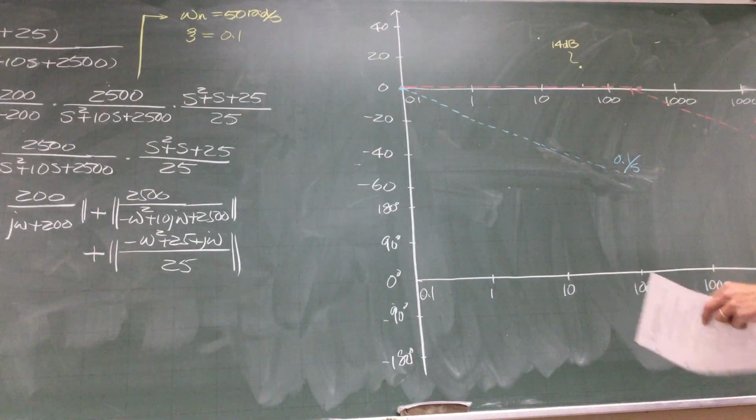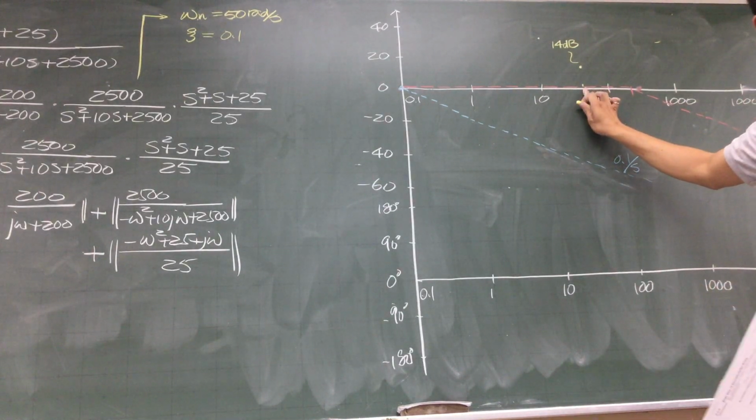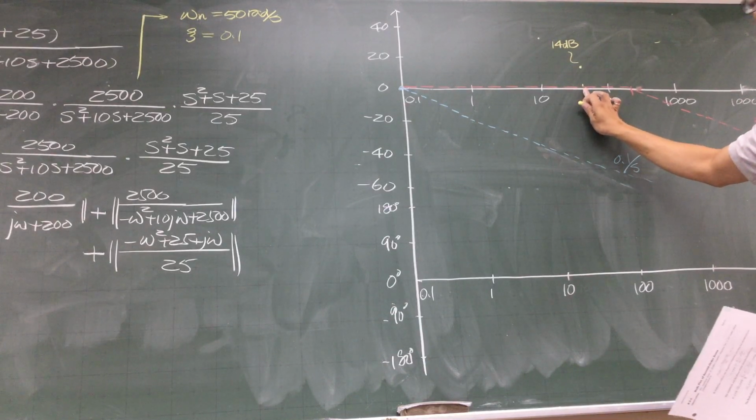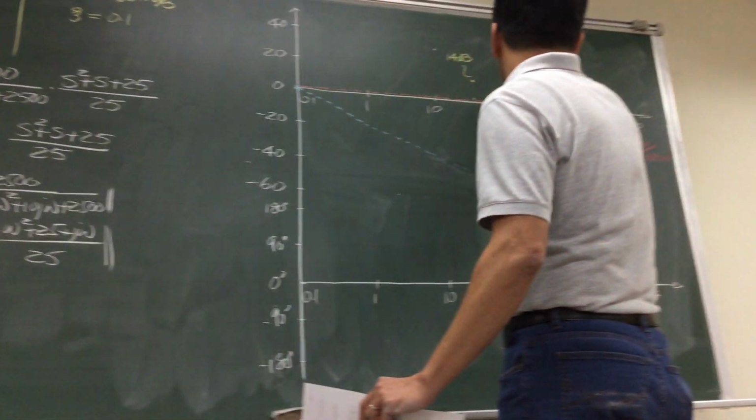And this one is what? Second order. So what is the rate of the slope? Minus 40 dB.